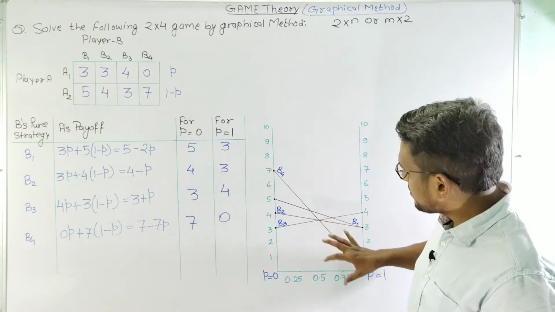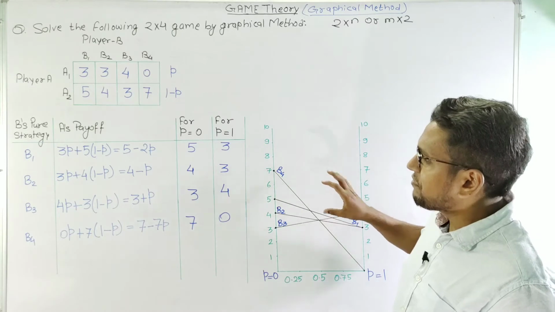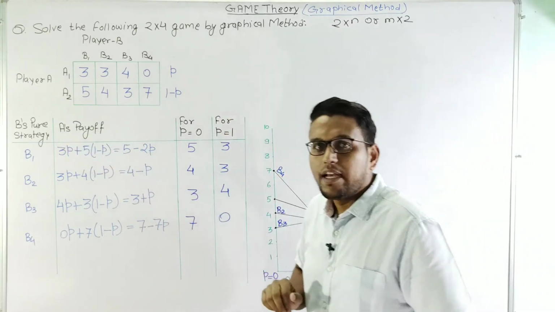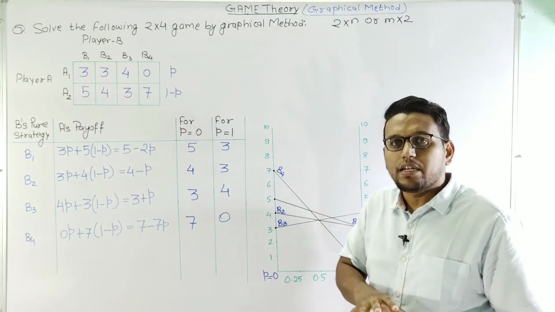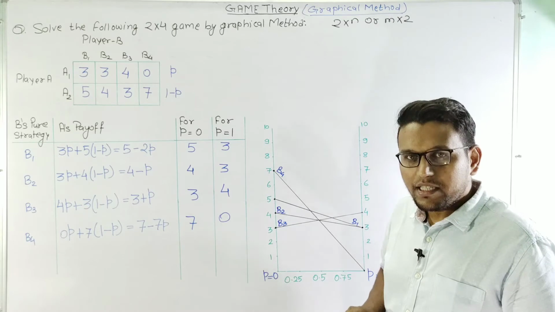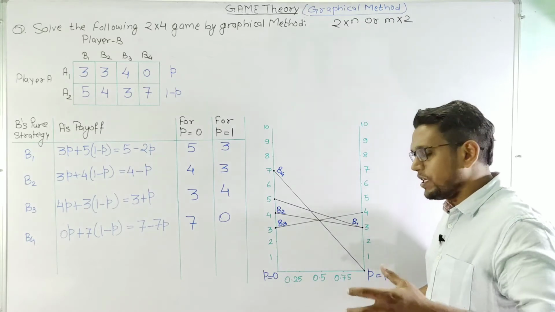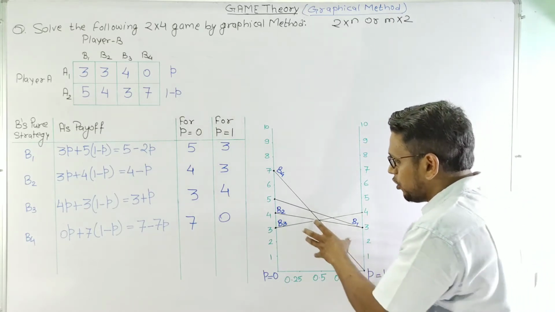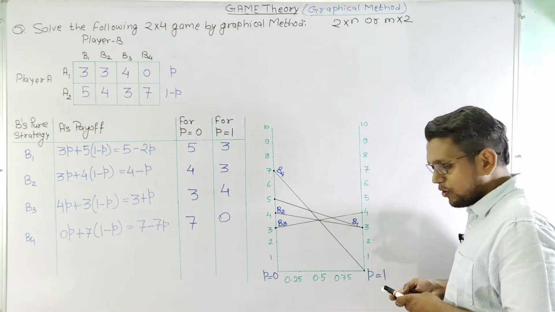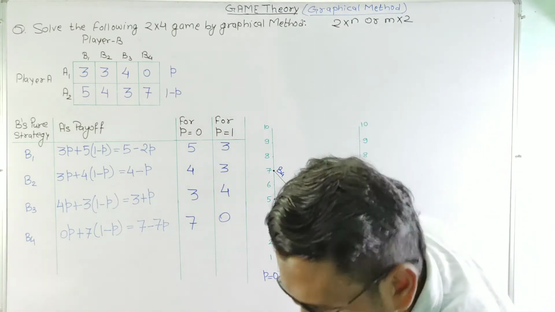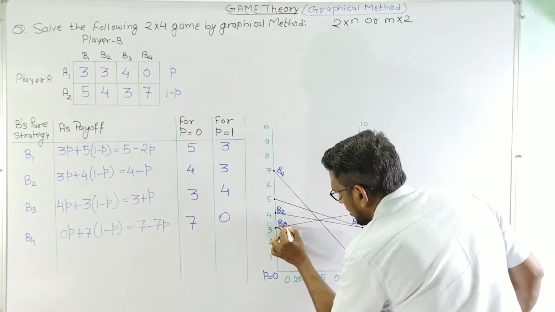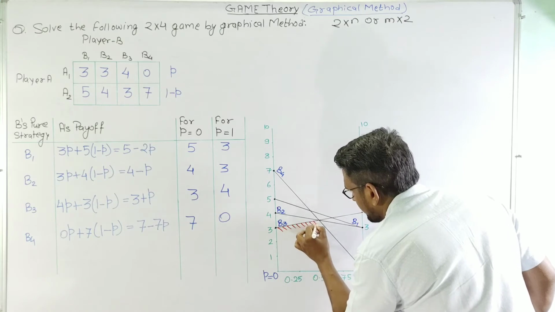Now we can see that we have found out the expected payoff for player A, and the objective of player A is to maximize the profit. Now in order to maximize the profit, we will find the lower bound region first.